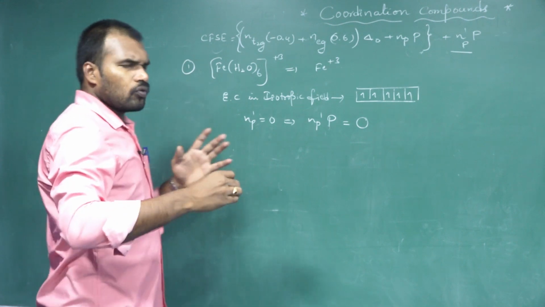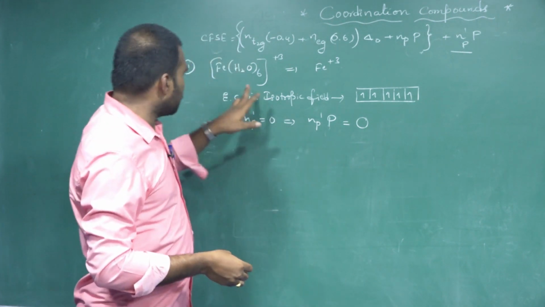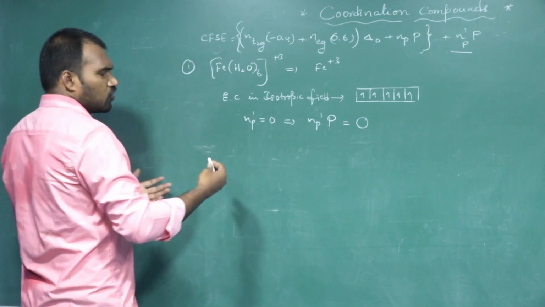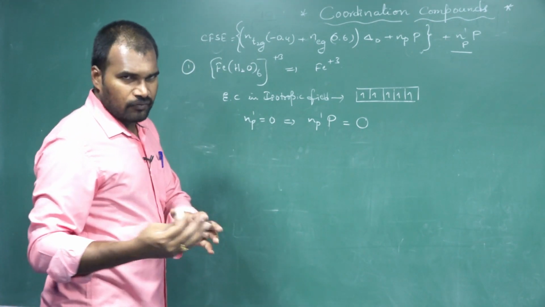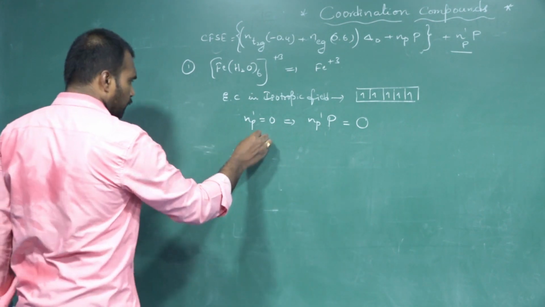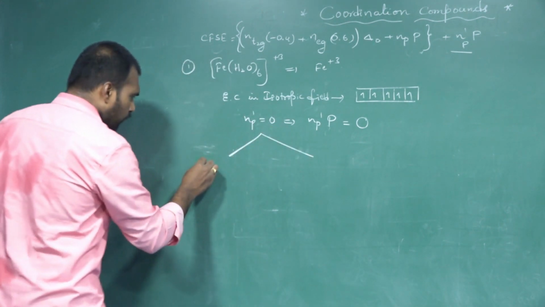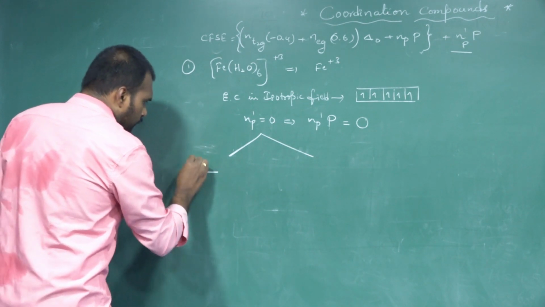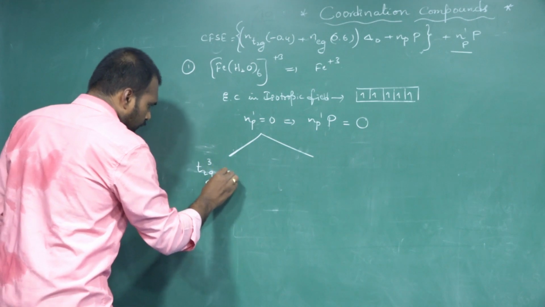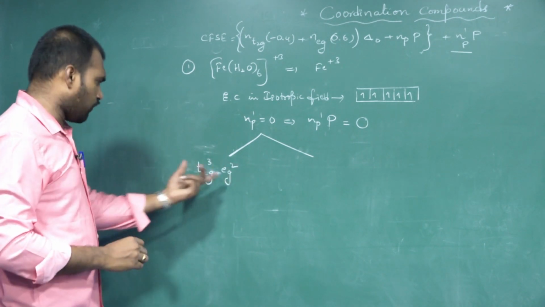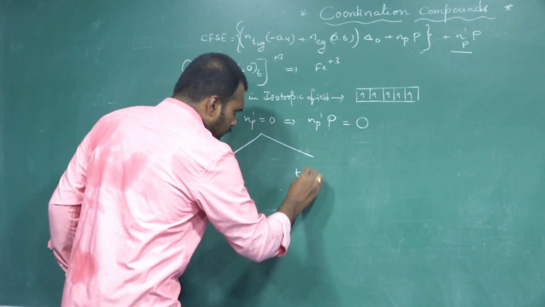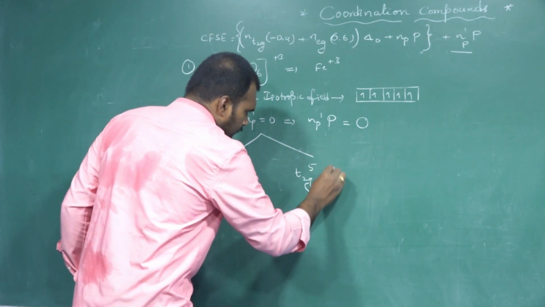So what are the two configurations possible for the d5 configuration? Let us see in case of strong field and in case of weak field. We don't know the exact configuration, so we need to conclude it. The two possible configurations: one is T2G3 EG2, which follows Hund's rule, and the second is T2G5 Eg0.